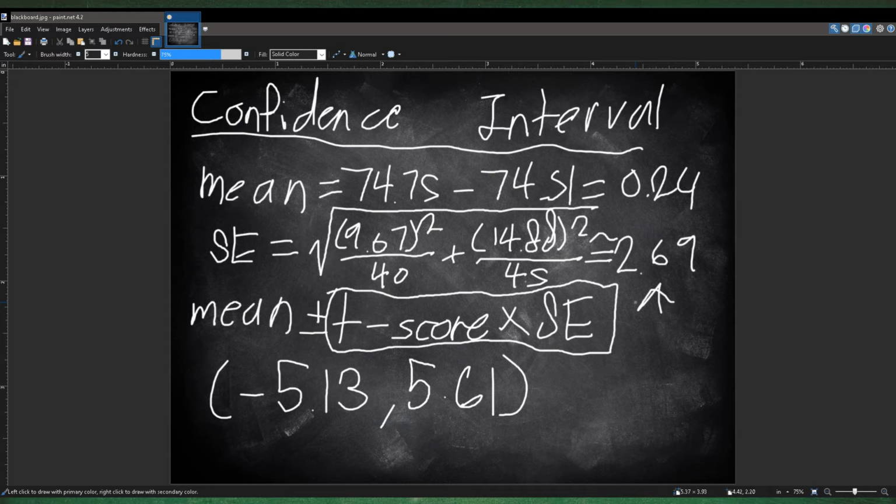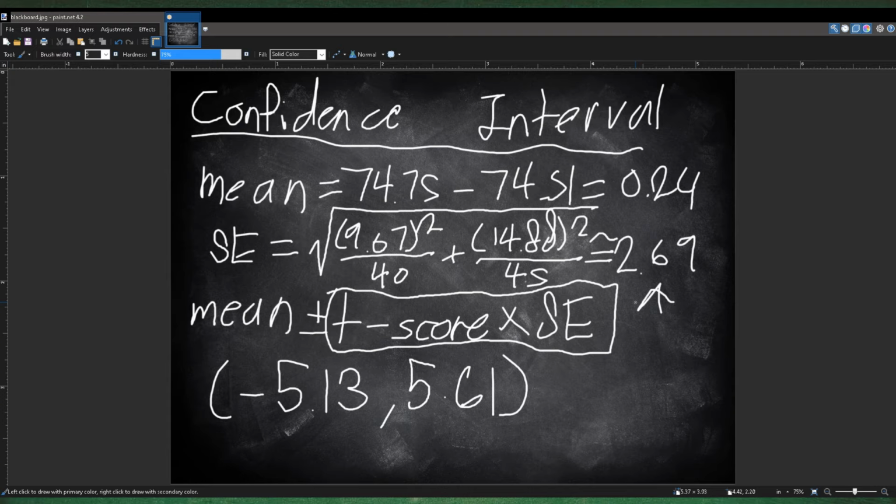So a t-score of 95% area with a degree of freedom of 76.31, which you get from the confidence interval when you plug it in, is about 2.